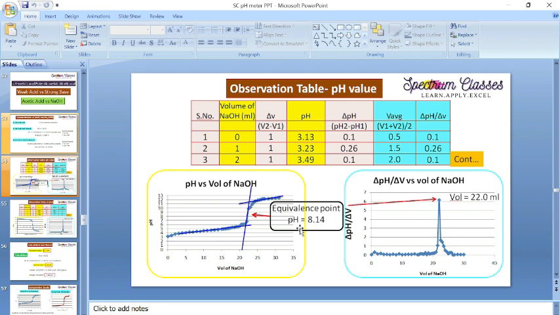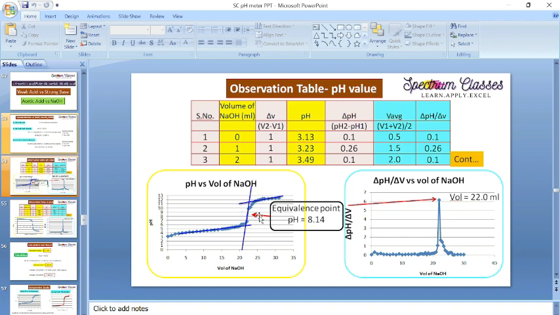From here the important point is that we think that the equivalence point must be at 7, meaning where the acid is exactly equal to the base. But guys, here we have acetic acid versus NaOH, and this produces OH minus in the solution, and therefore its equivalence point is more than 7, right?